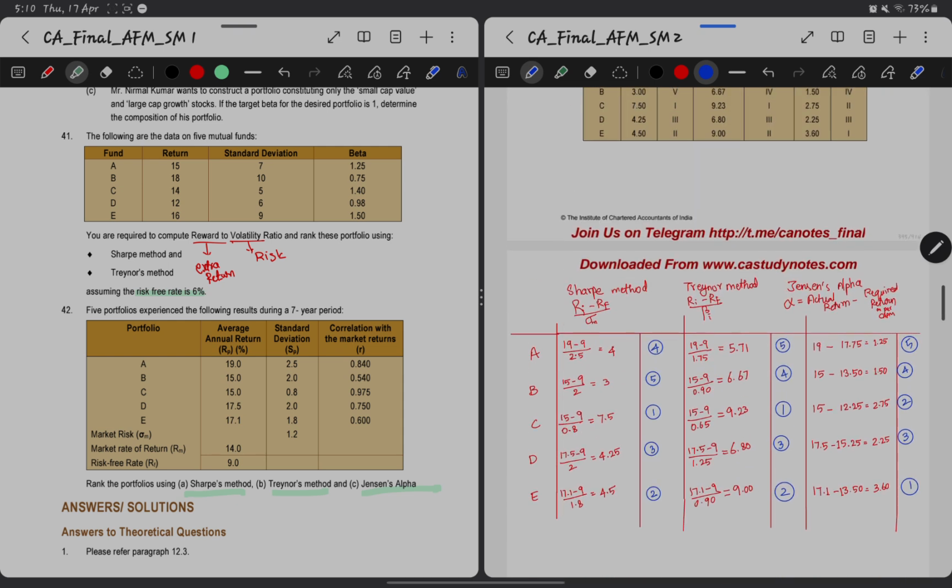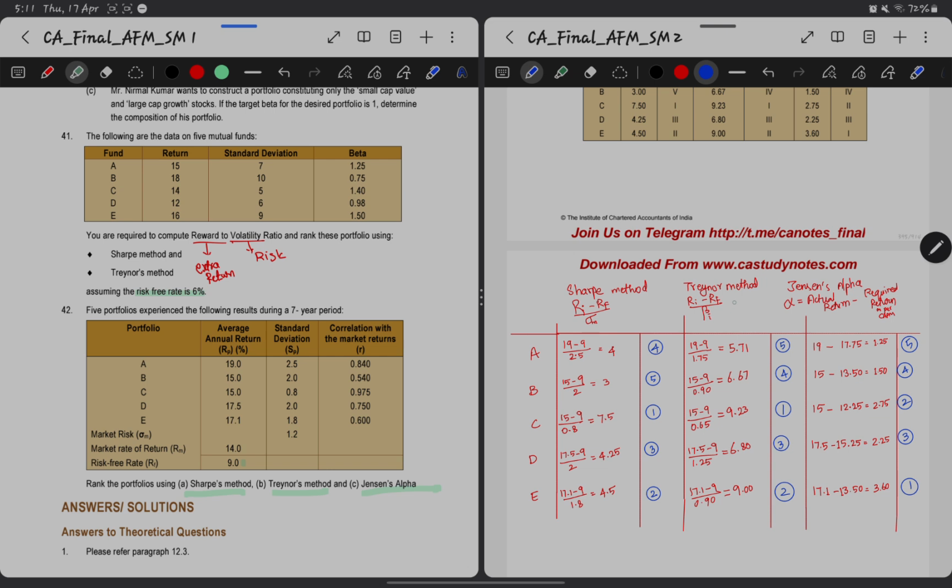So 19 minus 9 divided by 2.5 is 4 for A, then 3 in case of B, 7.5 in case of C, 4.25 in case of D, and 4.5 in case of E. The highest one is portfolio C, which gives us 7.5% extra return for per unit of risk which we are taking. Going next, it is E and then D and then A and then B.